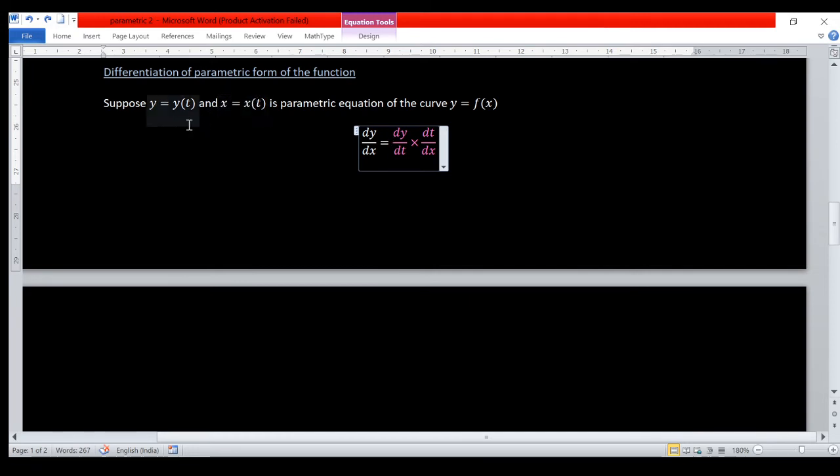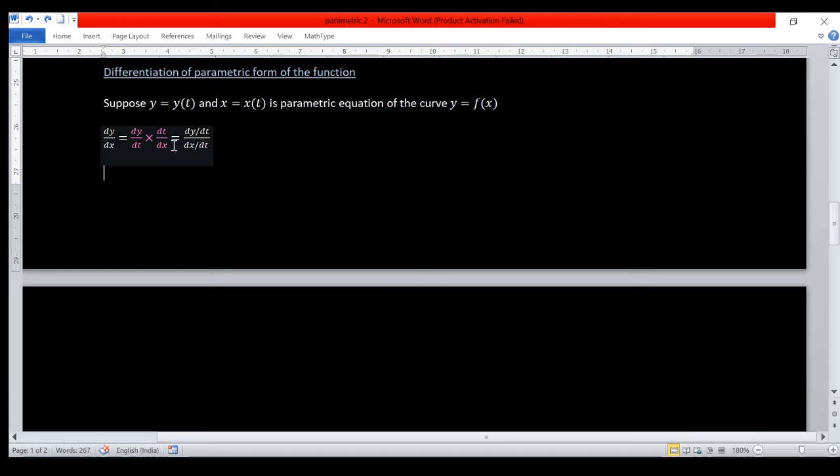So first you have to find dy by dt into dt by dx. So dt cancels, and we'll get dy by dx. So this is the method of finding differentiation of the parametric form of the curve. dy by dx can't be found directly because they do not depend directly on each other. They are connected through the third variable t. That's why dy by dx is equal to dy by dt into dt by dx.